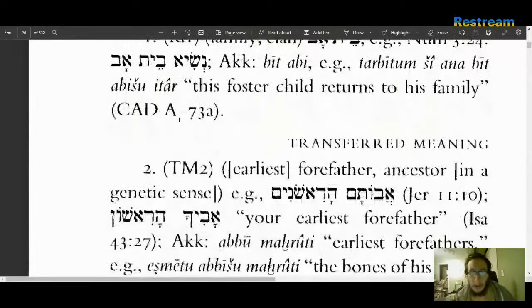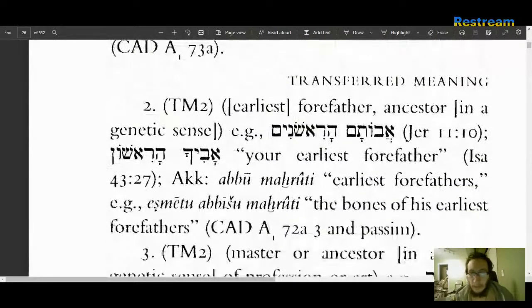Okay, so here we have abotim erashanim, and also abik erashun. Again, the pronunciation I'm giving might not necessarily be 100%, but just work with me.